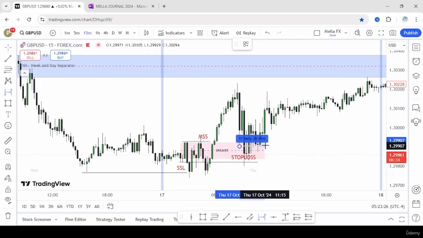Since 8:30 the market kept revisiting that area for 2 hours 45 minutes. So if you entered at 8:30, imagine the market will not have moved for almost 3 hours.